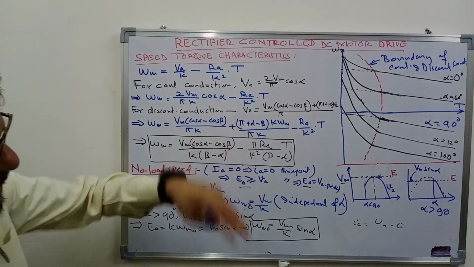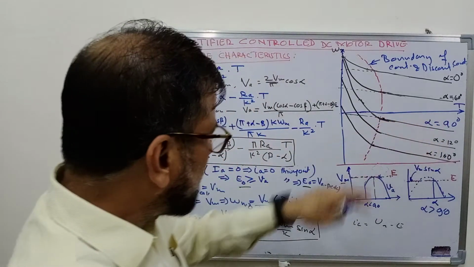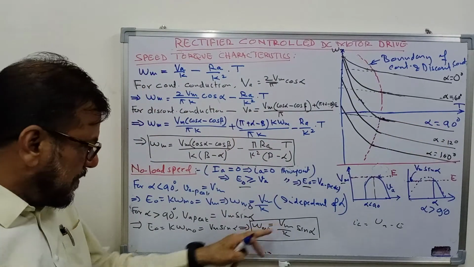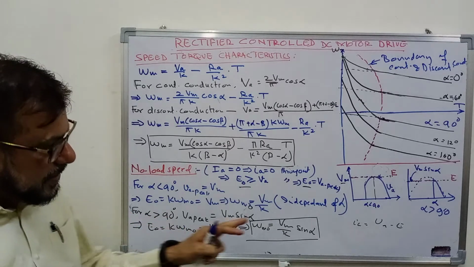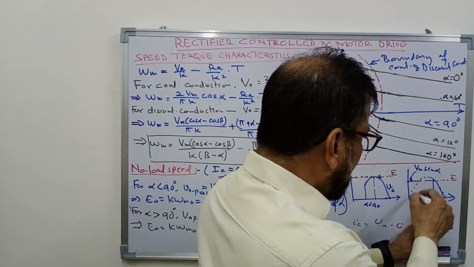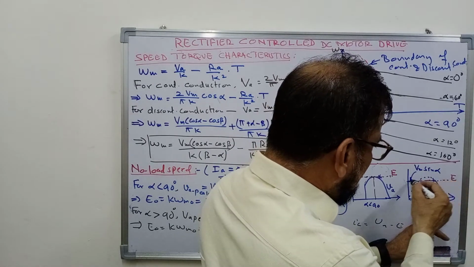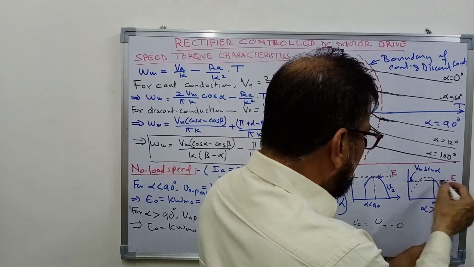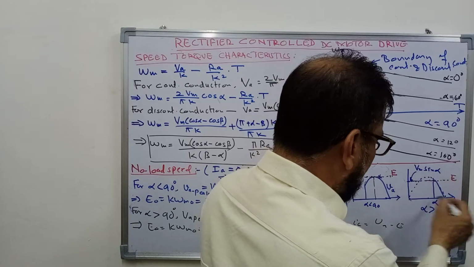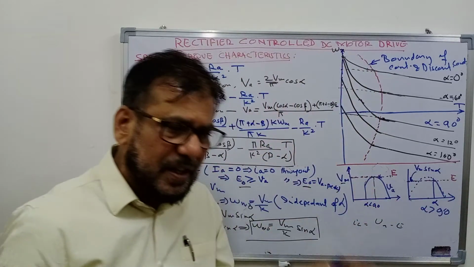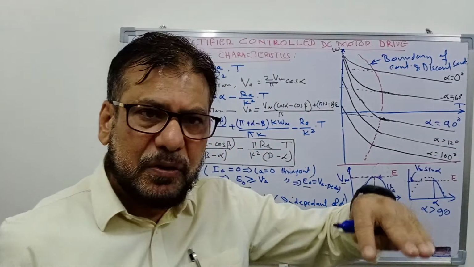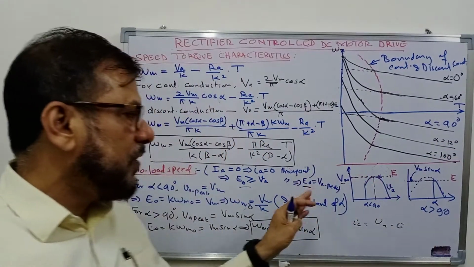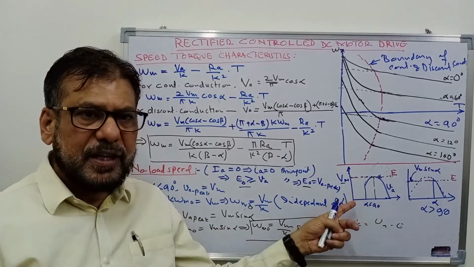And after alpha 90 degrees, for alpha greater than 90 degrees, you can see that this is the waveform of armature voltage. The peak value of armature voltage is now equal to Vm sin alpha. It is not equal to Vm, it is less than Vm, it is Vm sin alpha. So the peak value of the voltage is now less than what it was for alpha less than 90 degrees.